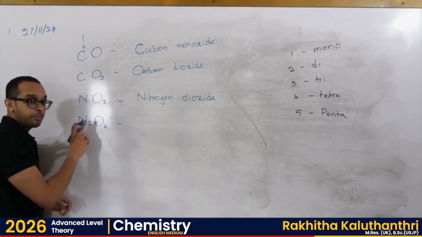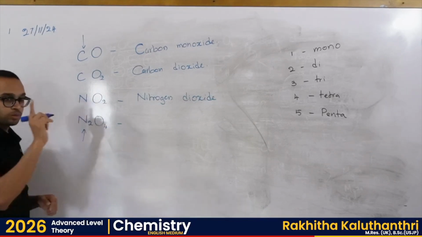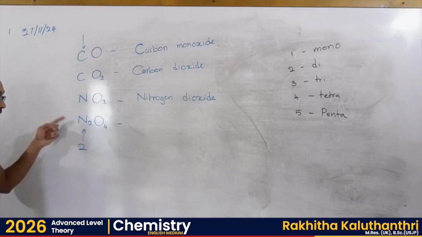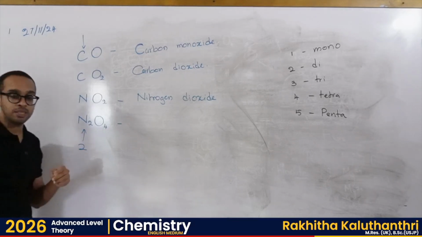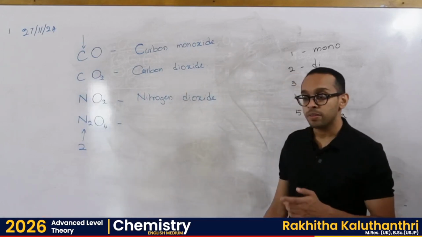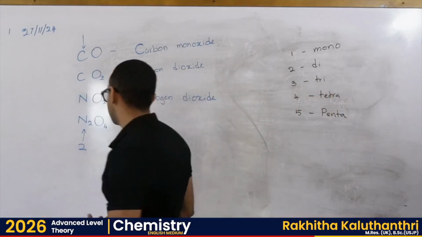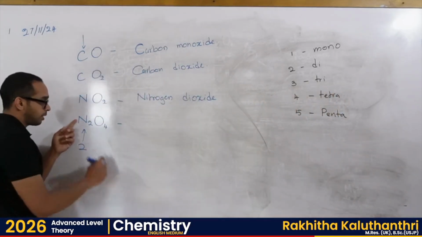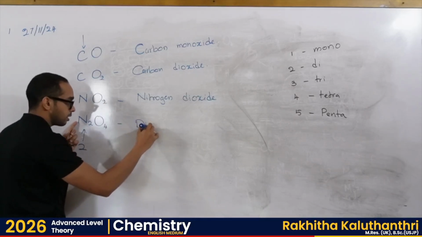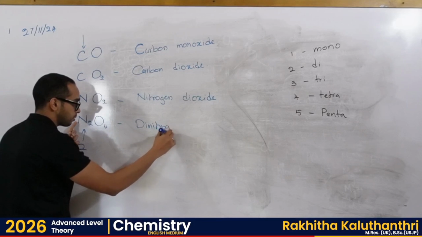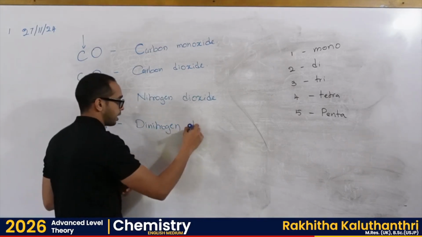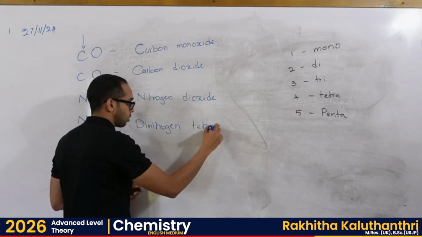And again here. Now this one, the very first element, there's not only one of it. There are two of them. So then you can't skip the prefix. You have to include the prefix there. Then you write dinitrogen, because for the very first element, now there are two of them. And then there are 4 oxygens, so we write tetroxide.